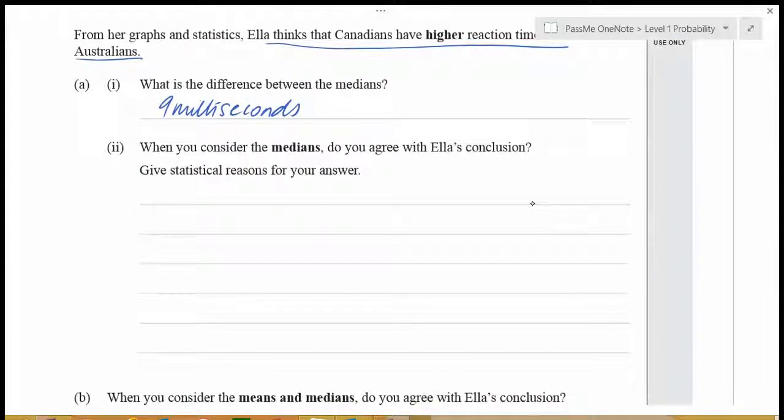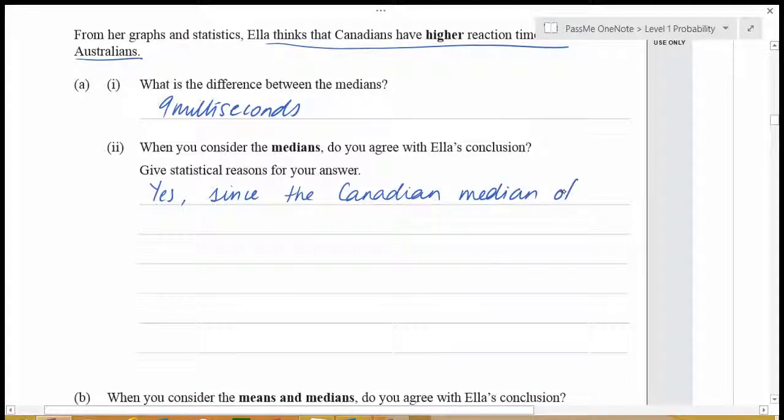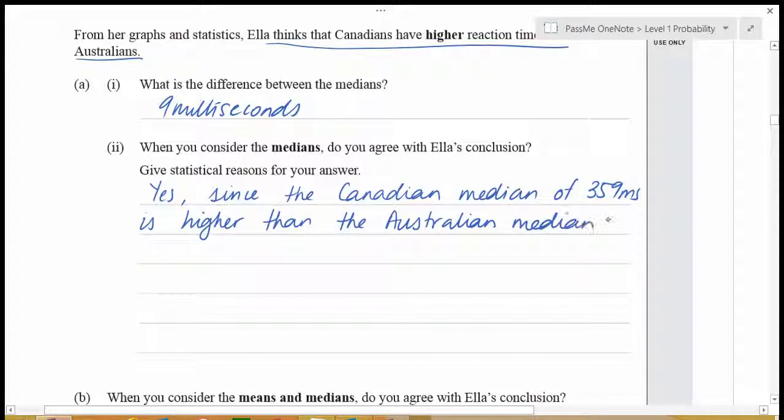So we'll say yes, we agree, since the Canadian median of 359 milliseconds is higher than the Australian median of 350 milliseconds. Okay, so that's one aspect of it.